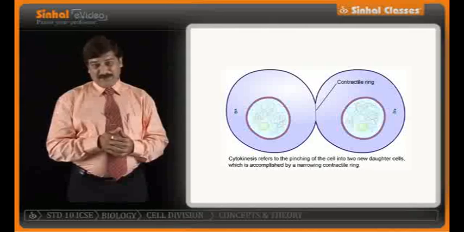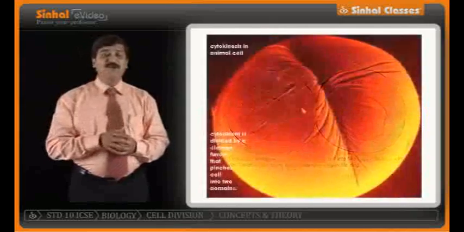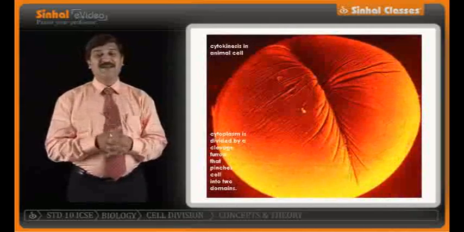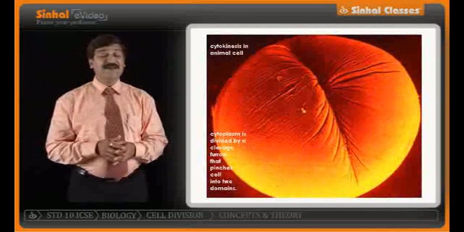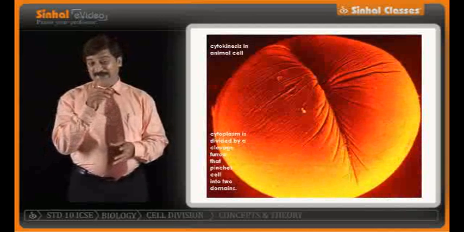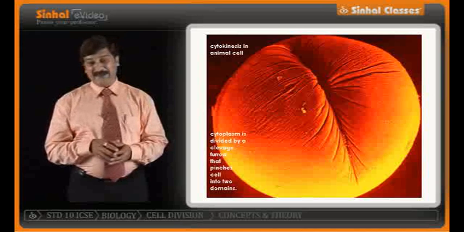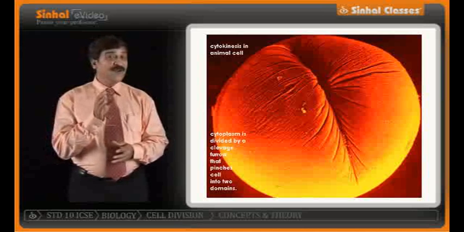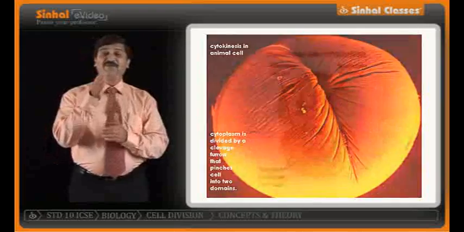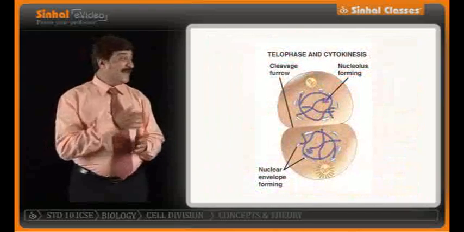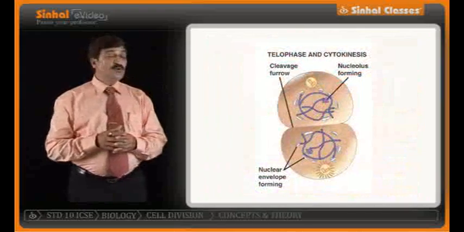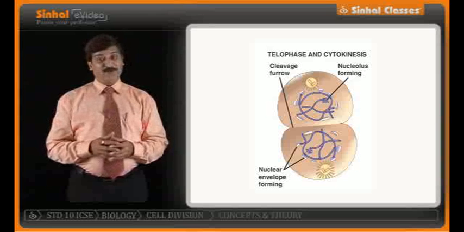Once it is formed in the middle, this furrow now goes to the two ends, as a result of which the two daughter cells are distinctly formed. Please remember that in this animal cell, a furrow is developed in the middle which goes to the ends. Thereby, the two new cells are formed.